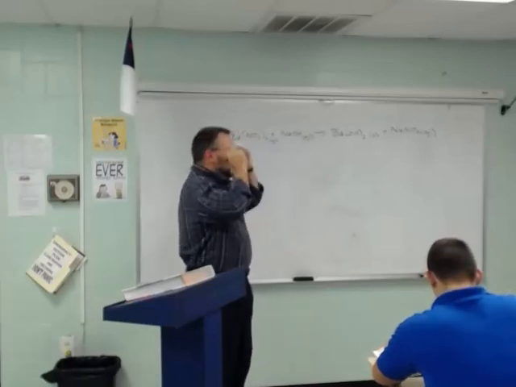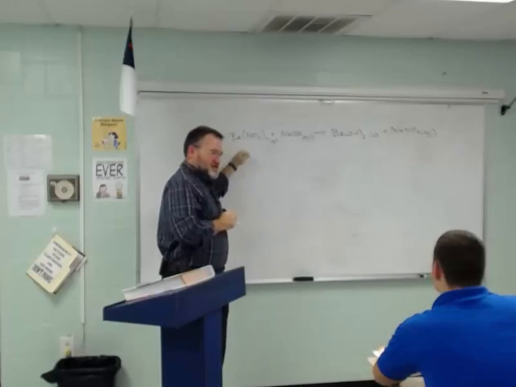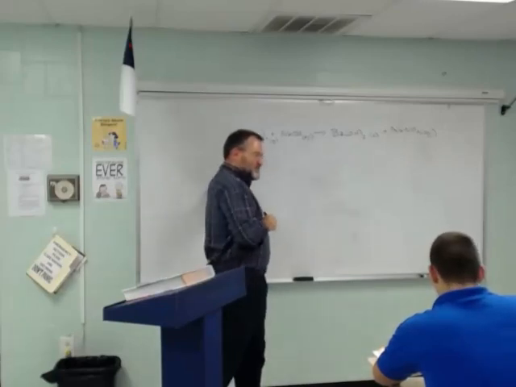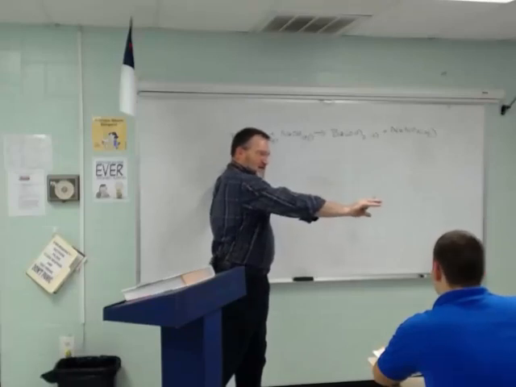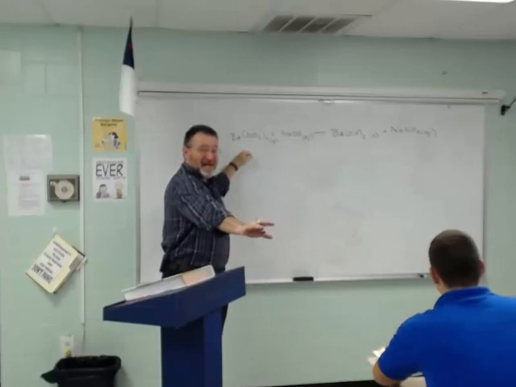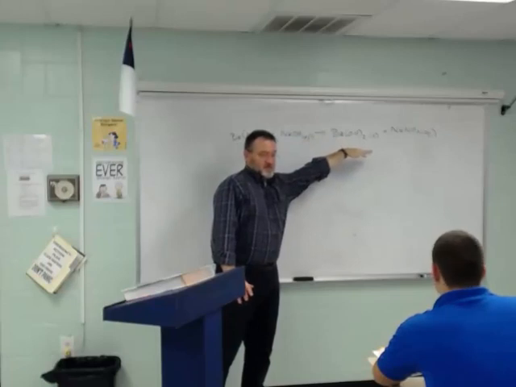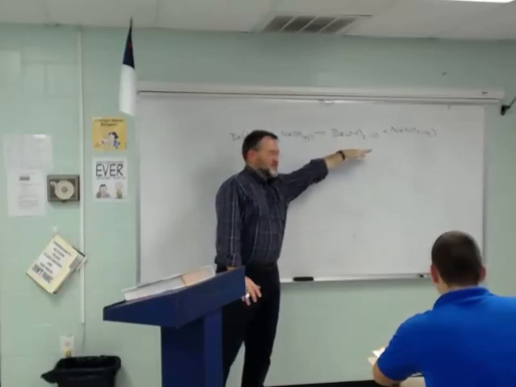The difficulty you're having with this is because in second edition it's in which module? 9. In third edition, which module is it? 5. Guess what? What this is asking here hasn't happened yet in edition 3.